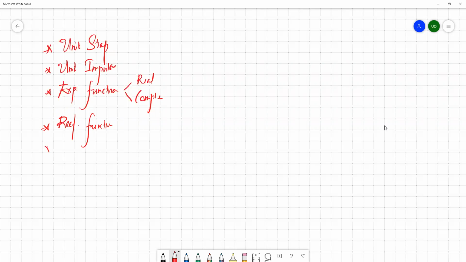Other than that, there are the sinusoids. In general, any sinusoid can be represented using that.